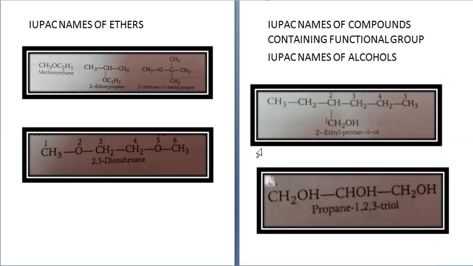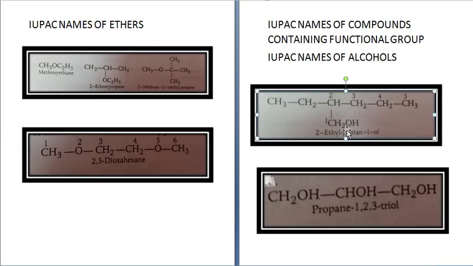Now see, for acyclic polyethers, long chain polyethers are named as oxa derivatives of the alkane corresponding to the total number of carbon and oxygen atoms present in the chain. What is the meaning of this? Suppose you have CH3O, CH2, CH2O, CH3. So now here the long chain polyether is named as an oxa derivative.